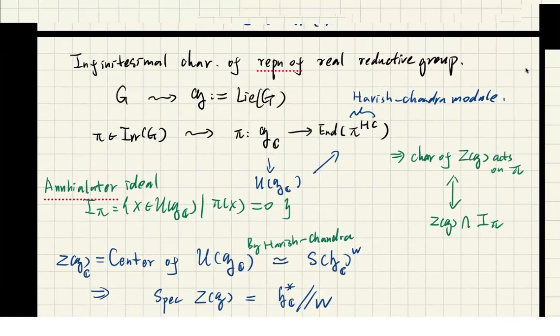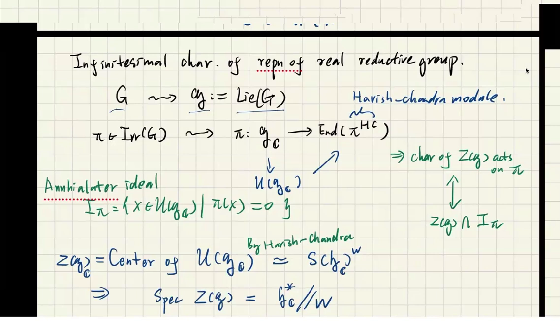So what you do is that you have a group, a real reductive group G, and then you consider the Lie algebra of G, which is g, and the irreducible representation of G will give you a representation. So it will give you the Harish-Chandra module, which consists of K-finite vectors, where K is your fixed preferred maximal compact subgroup.